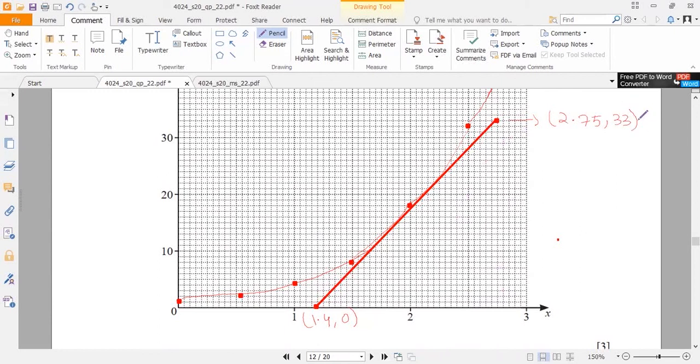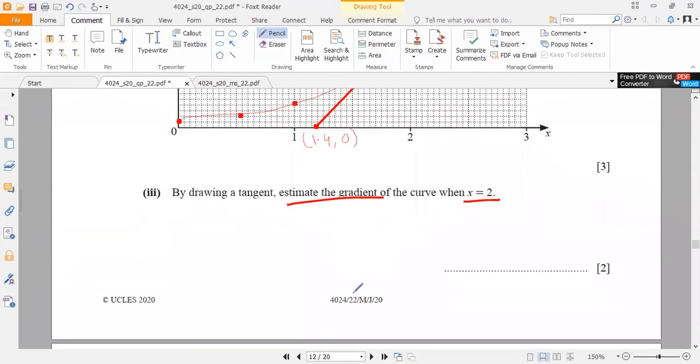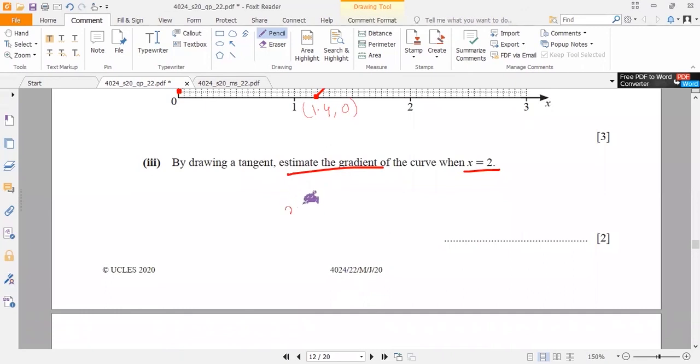You can take any point, it depends on your convenience. Now to find the gradient I need the formula m equals y2 minus y1, that means 33 minus 0, upon x2 minus x1, that is 2.75 minus 1.4. So the result will be 24.4. This will be your gradient.